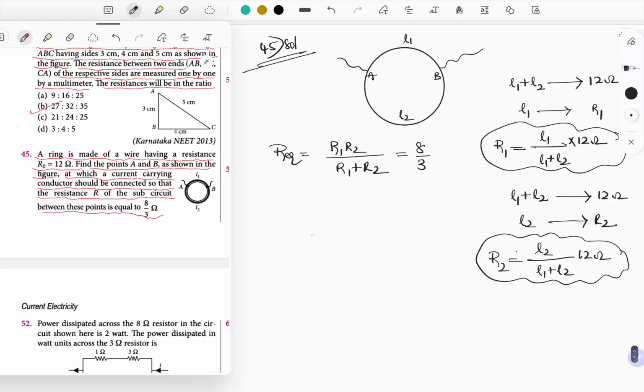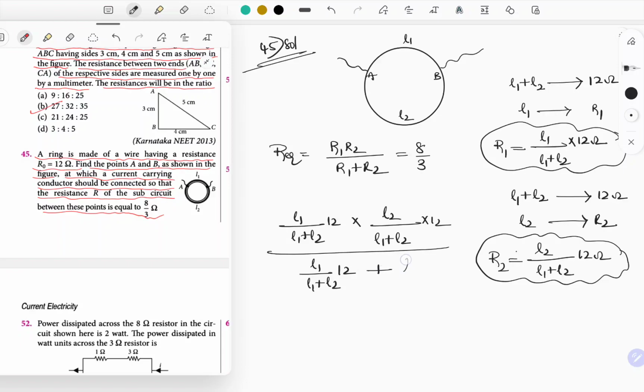What's the value of R1? R1 is L1 by L1 plus L2 into 12. R2 is L2 by L1 plus L2 into 12. So divided by R1 plus R2, which is L1 by L1 plus L2 into 12 plus L2 by L1 plus L2 into 12, which is equal to 8 by 3.